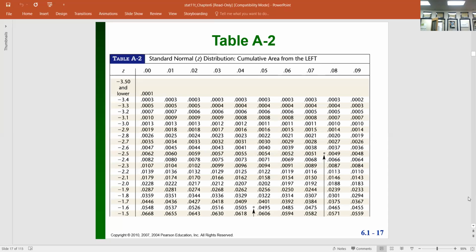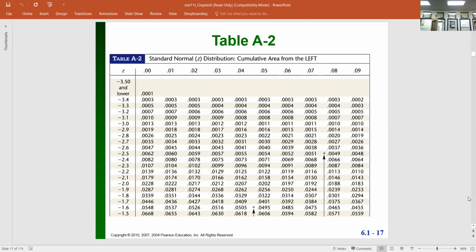So we've got minus 2.33, and we can calculate the value using the standard deviation. If z equals minus 2.33, what is x?